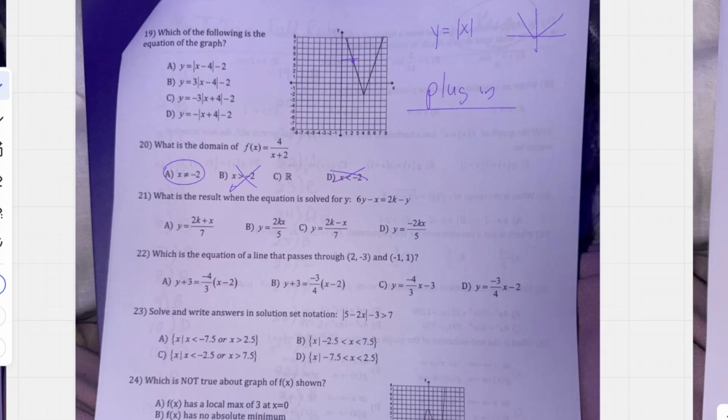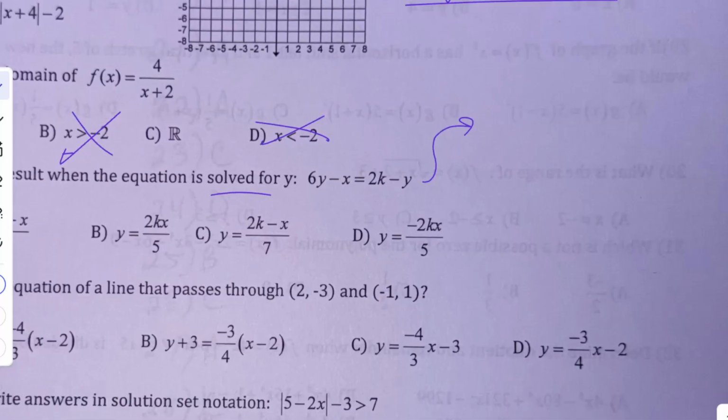Right. Cruising. What's the result when the equation is solved for y? All right. So no hacky plug-in methods for this. We're just gonna have to use algebra, and solved for means get the y's together and then get y by itself. All right, so I'm going to add y to both sides. Let me zoom in on this thing. Add y.